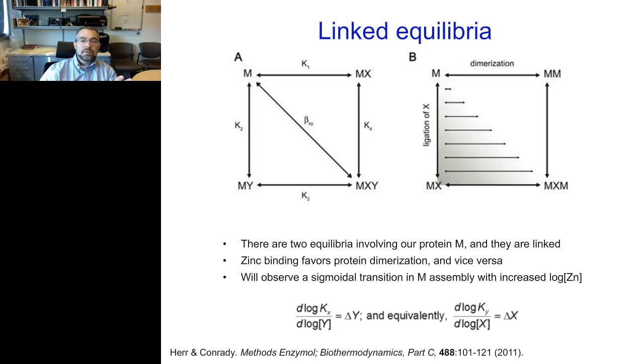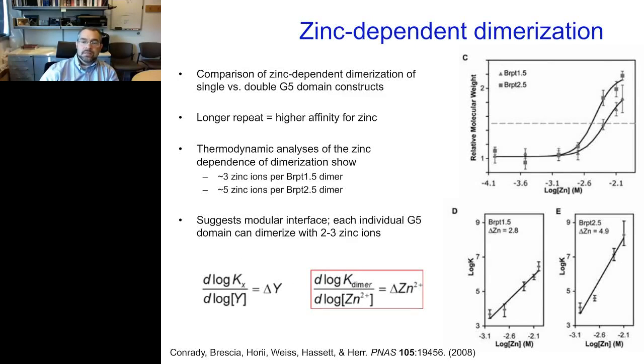So we can repeat the dimerization experiment at different fixed concentrations of zinc, and each one will cause a different shift of monomer toward dimer, and eventually, if we have enough zinc, we'll go all the way to forming the dimer. Well, the math here, in terms of the thermodynamics, is really neat, because what you can do is take data like this. You'll see these sigmoidal transitions where the protein goes from monomer up toward dimer as a function of zinc.